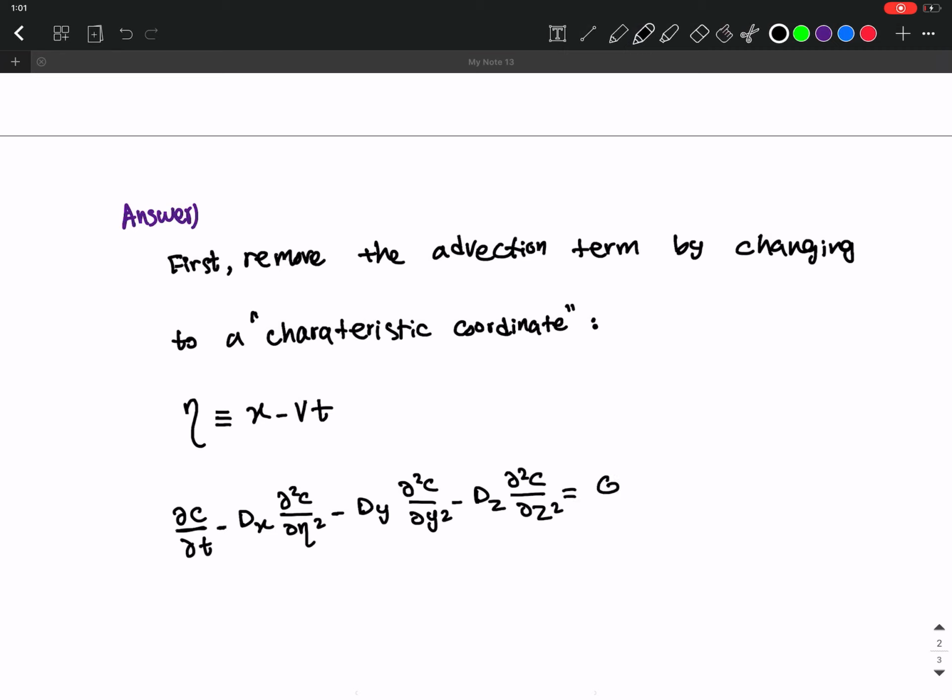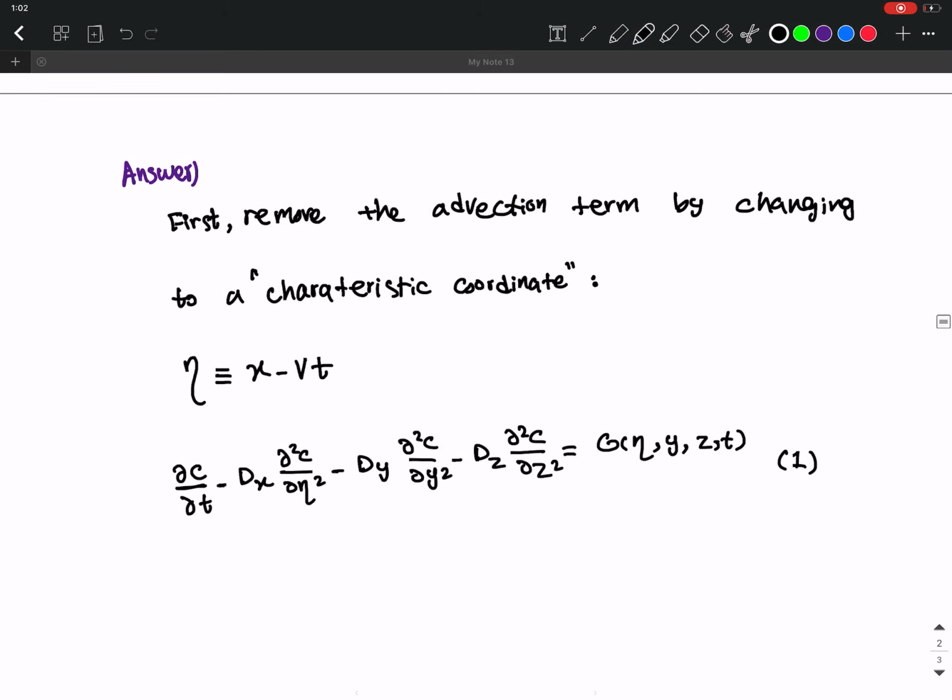So this equals to g of eta, y, z, t, right? So this is when we change our coordinate system to a characteristic coordinate system. I'm going to write it as equation 1. And the boundary conditions, grad c goes to 0 as eta, y and z go to plus and minus infinity.